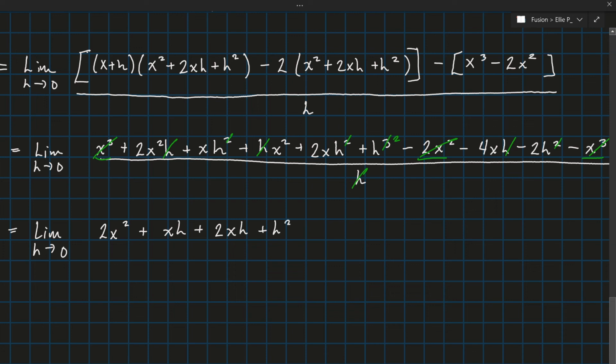Plus h squared plus x squared from here plus 4x minus 2h.